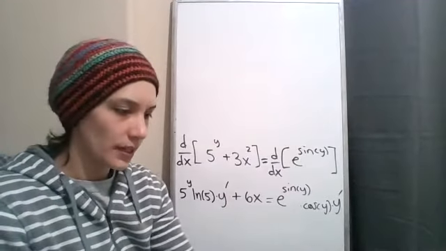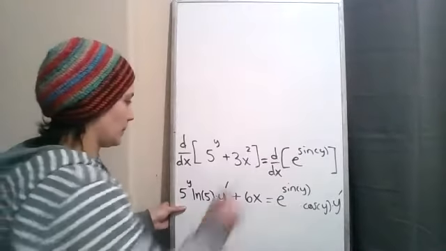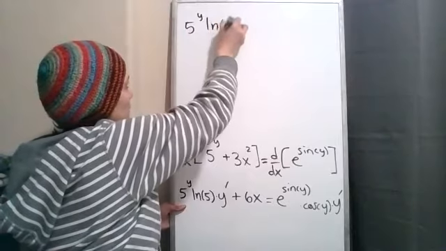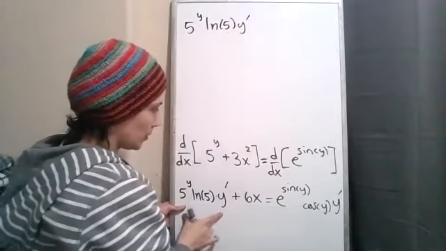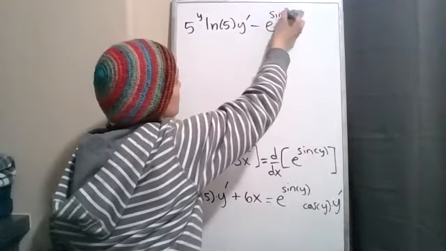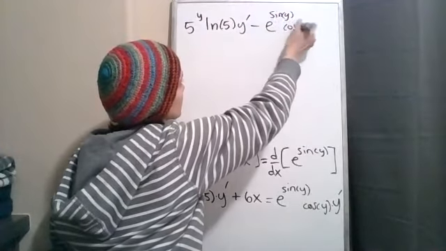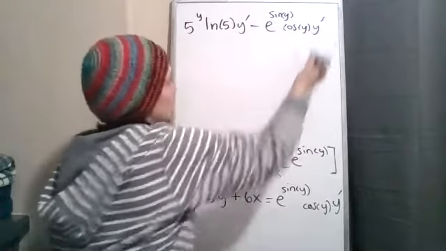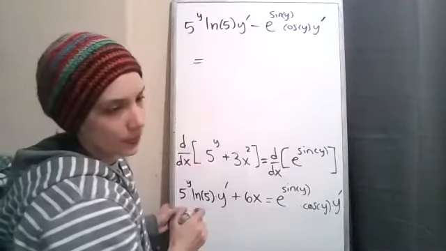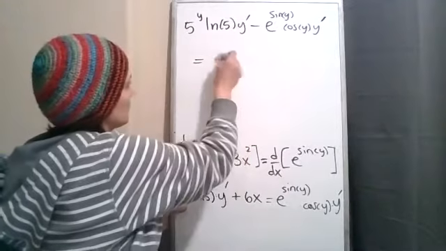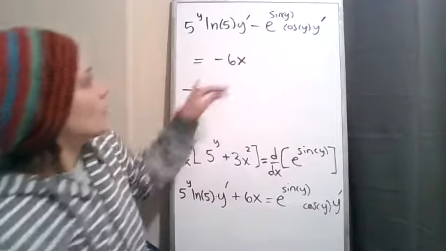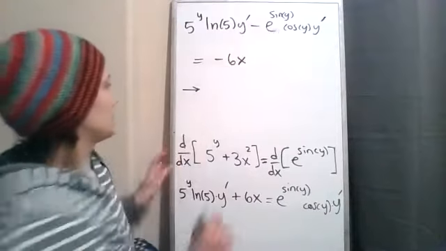I got that over there and then just divide everything through. So this part minus this part. Okay, factor out y prime.